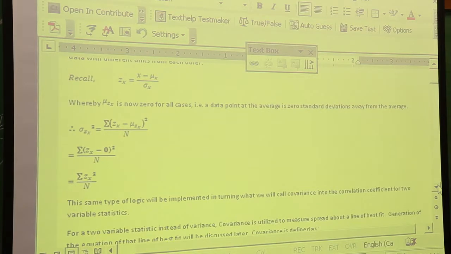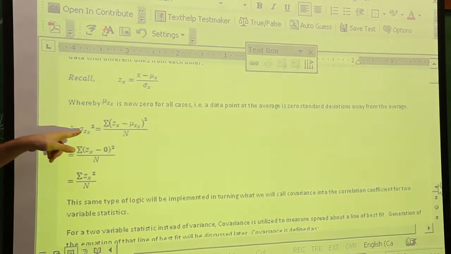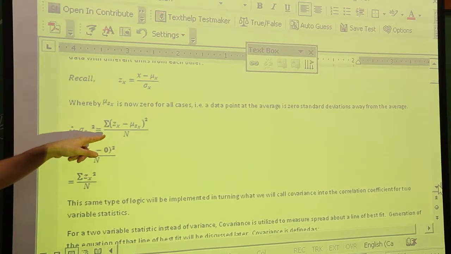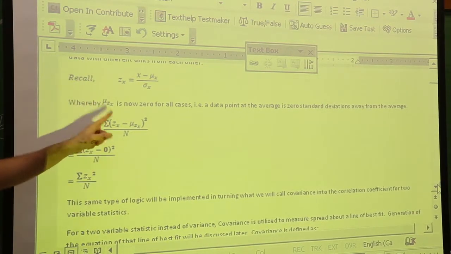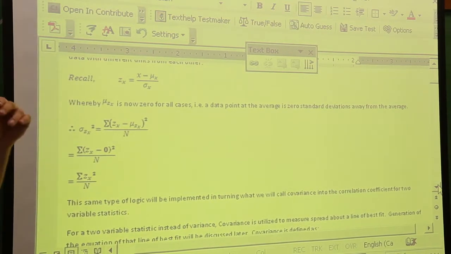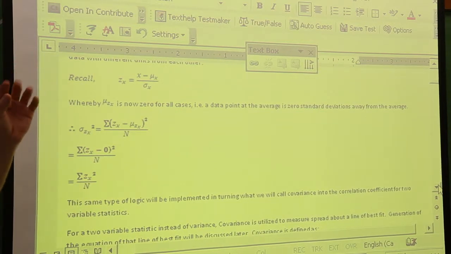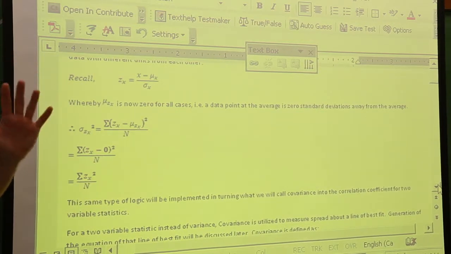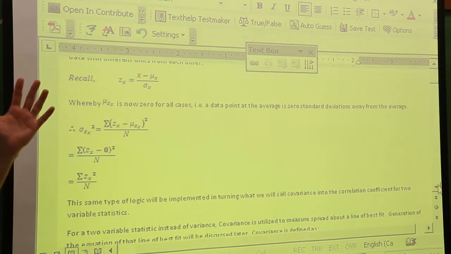What I'm doing right now is, there's not going to be enough time for this. I'm rewriting variance not in terms of x, but in terms of z-scores. Who knows what I'm doing? I'm taking every x data point and changing it from a data point x to the number of standard deviations it is away from the average.